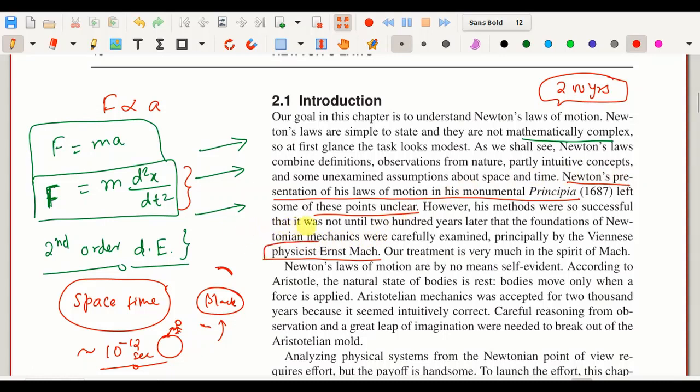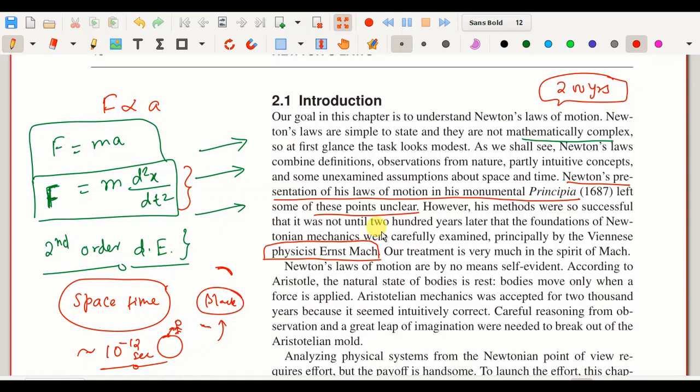I think you may not have heard about him. Okay, Ernst Mach. He first put a flag on Newton's equations, that whatever Newton has told may not be perfectly alright. But no one ever took him seriously. Maybe Einstein heard of him, but nobody knows yet, because he was not thought about much.